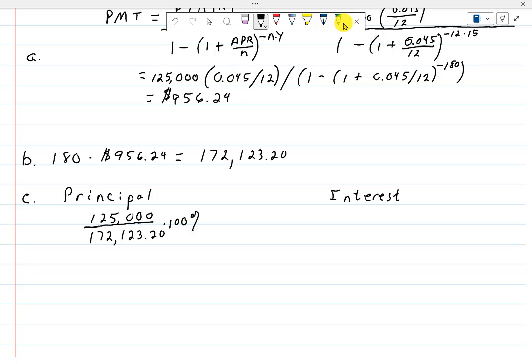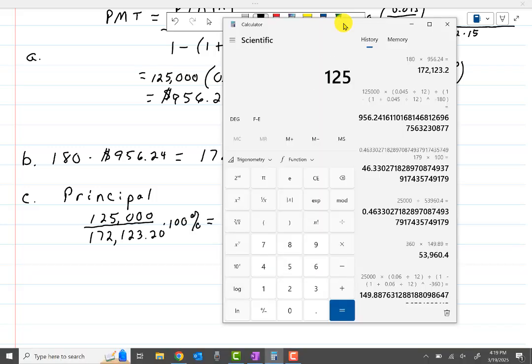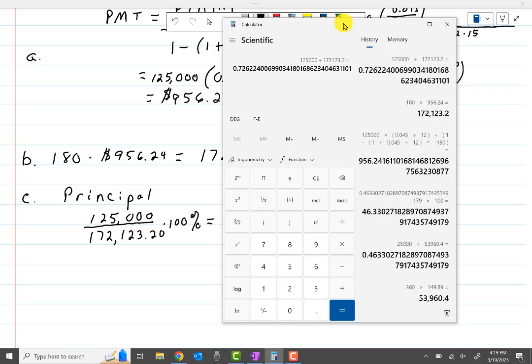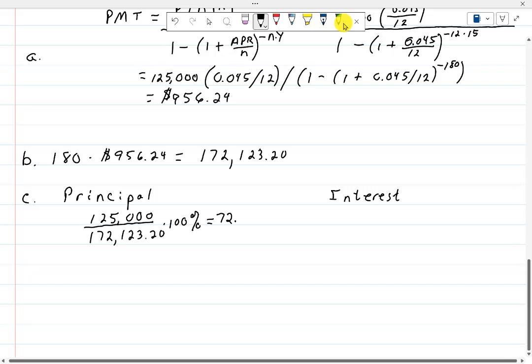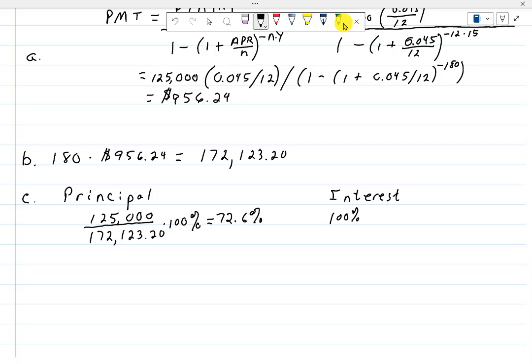Multiply this by 100%. And times 100. So 72.6%. And then I'll take 100% minus that for the interest. That's 27.4%.